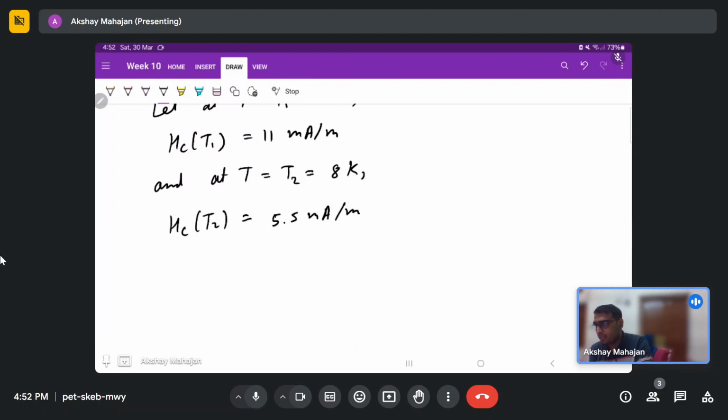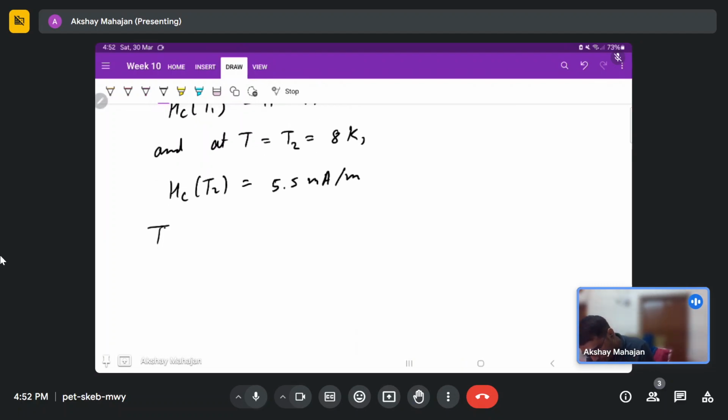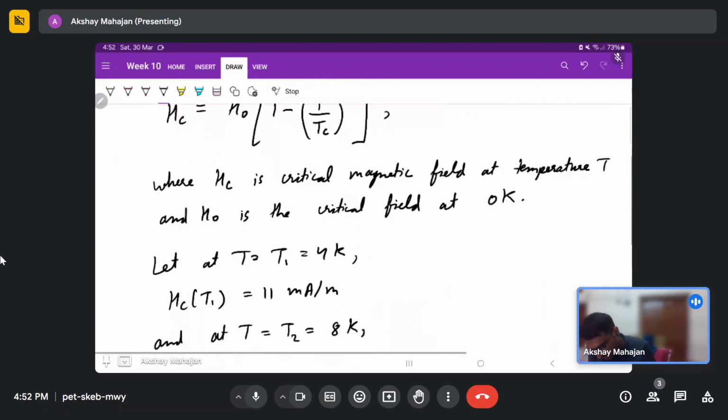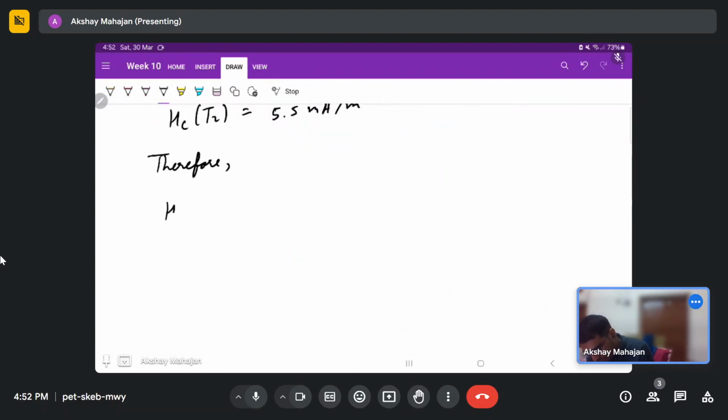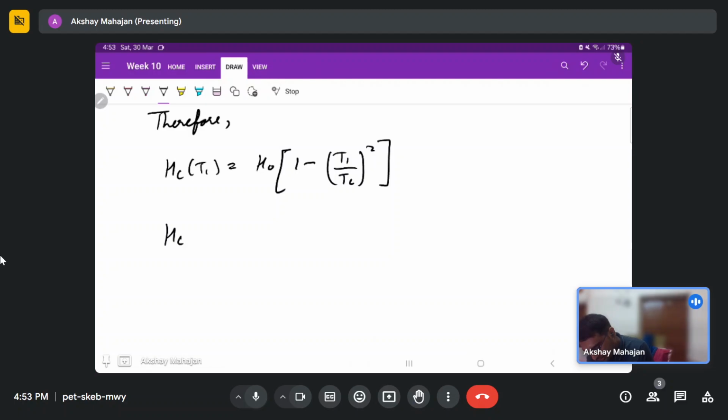So therefore, using this above formula, we can write Hc(T1) equals H naught times (1 minus T1 divided by Tc) whole square, and Hc(T2) equals H naught times (1 minus T2 divided by Tc) whole square.